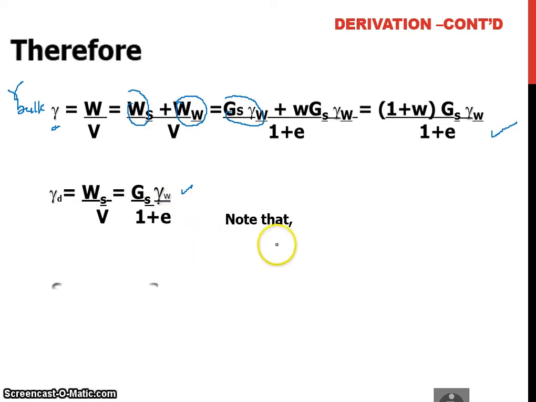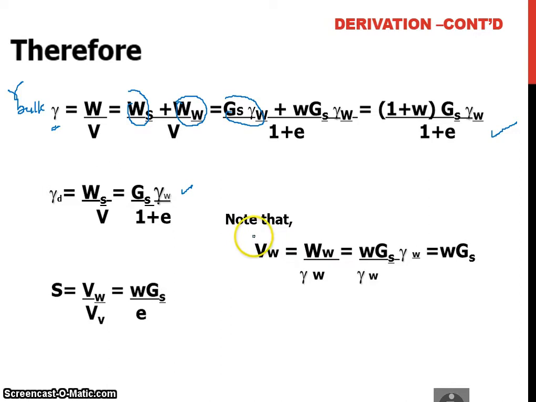And note that the volume of water is the weight of water divided by the unit weight of water. So we can get wGs, and we know the degree of saturation is the volume of water over the volume of voids. So the volume of water is equal to wGs divided by e.